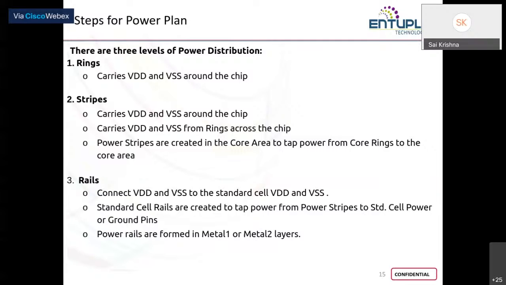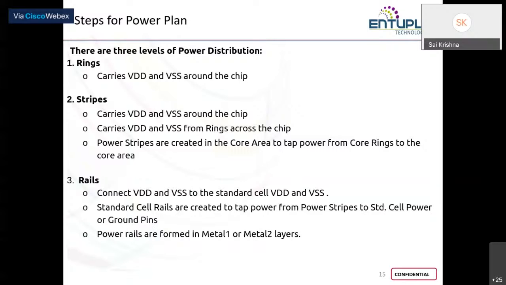Because we are doing this for power distribution, we generally want the least resistive path. What happens if you have high resistance?